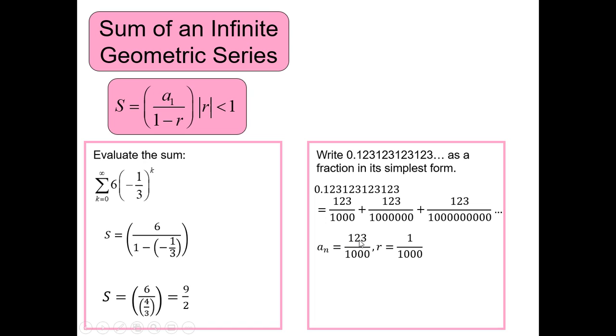My a sub 1 is 123 over 1,000. My ratio, if I look, I'm multiplying by 1/1000th every time. So I could write it this way: 123 over 1,000 divided by 1 minus 1 over 1,000 is equal to 123 over 999, which reduces to 41/333.